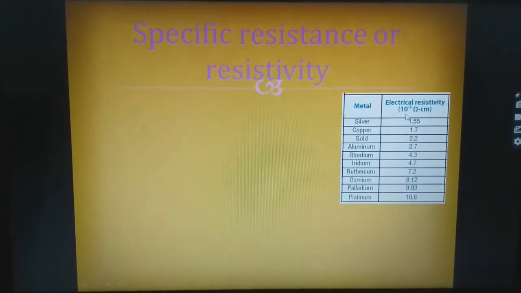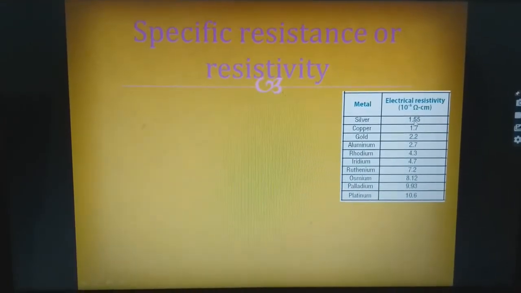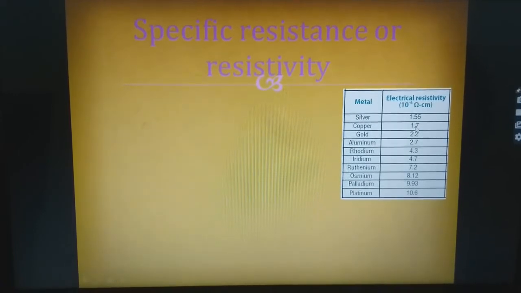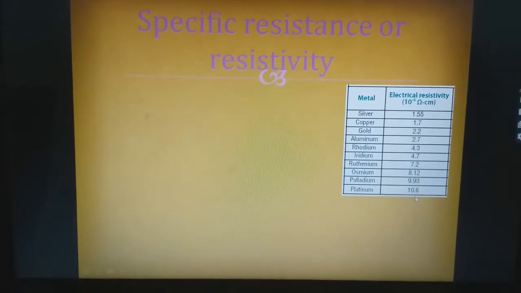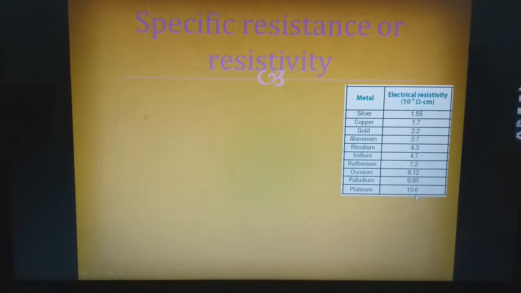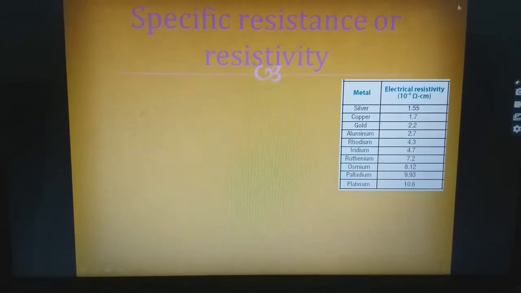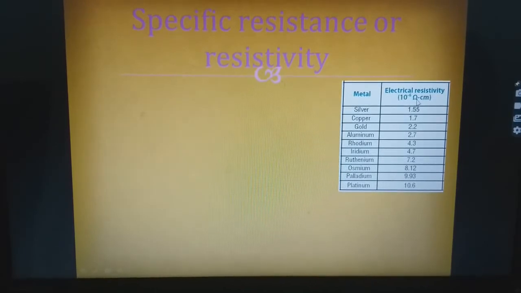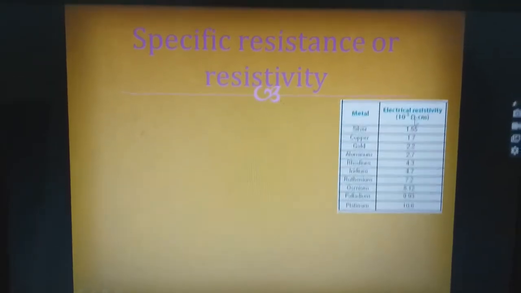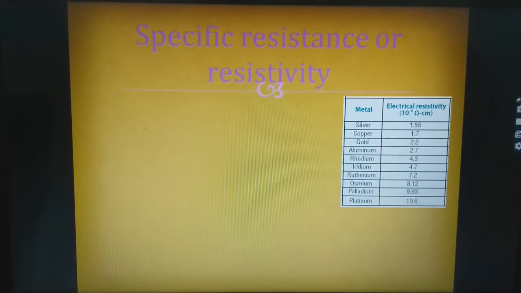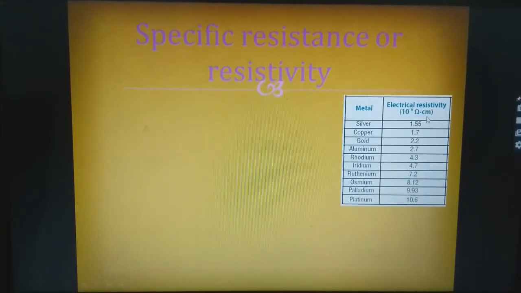For silver, copper, gold, and finally platinum, different values of specific resistance are given. We also notice that the unit of specific resistance or resistivity is given, that is ohms into centimeter. It may be ohms into meter.